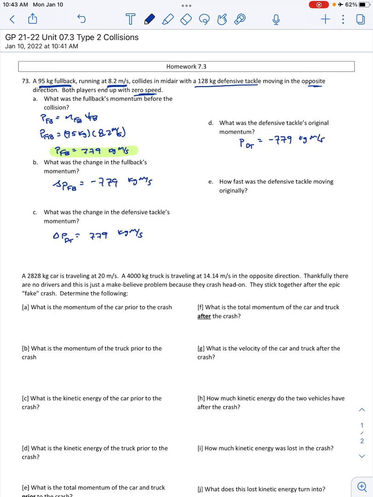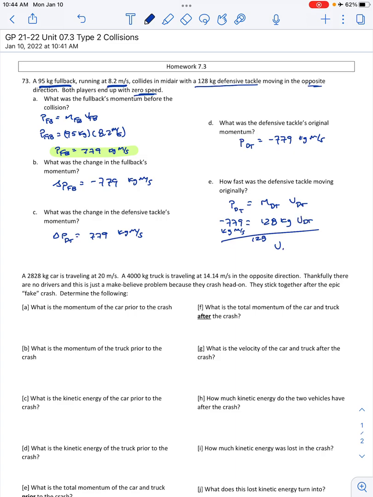How fast were they going? We'll use the momentum of the D tackle equals the mass of the defensive tackle times the velocity of the defensive tackle. So negative 779 kilogram meter per second equals 128 kgs times v, so divide by 128.